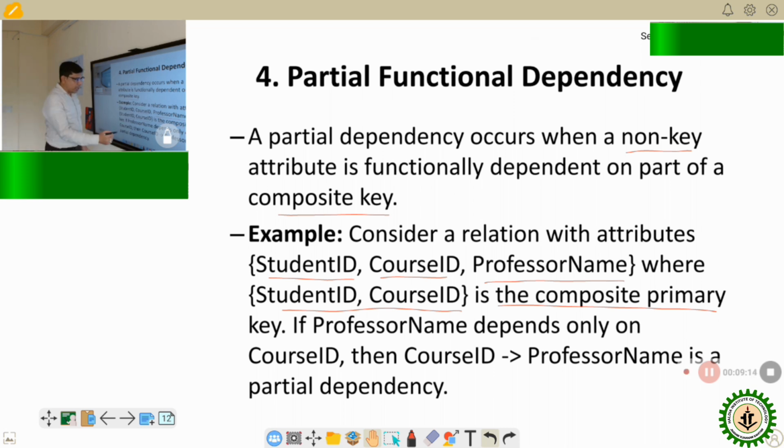If professor name depends only on the course ID, not on both course ID and student ID, then this functional dependency is valid. That is, course ID arrow professor name. So professor name is dependent only on the course ID, not on the student ID. That means it is partially dependent on the composite key. So this is called the partial dependency.